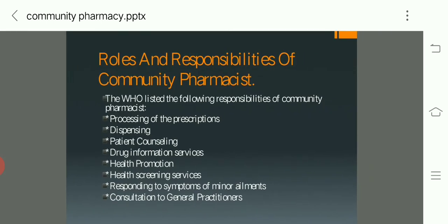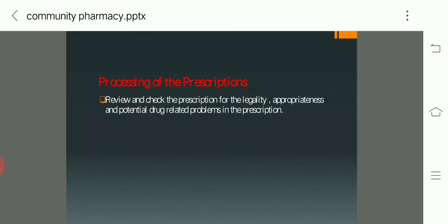Then coming to the roles and responsibilities of community pharmacists. The World Health Organization lists the following roles and responsibilities for a community pharmacist. The first one is processing of the prescription.